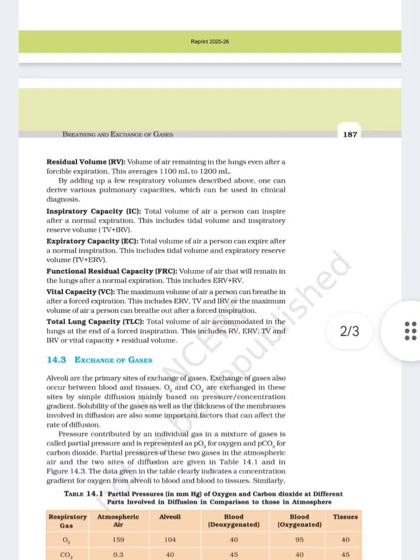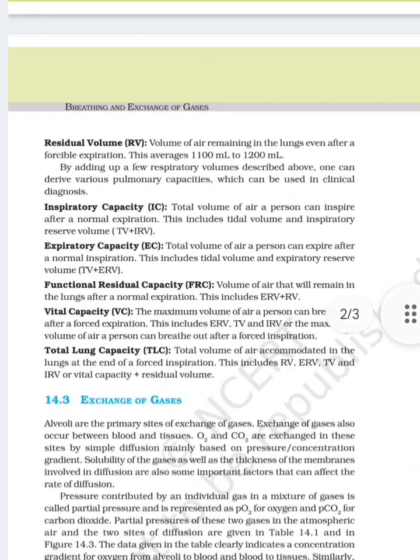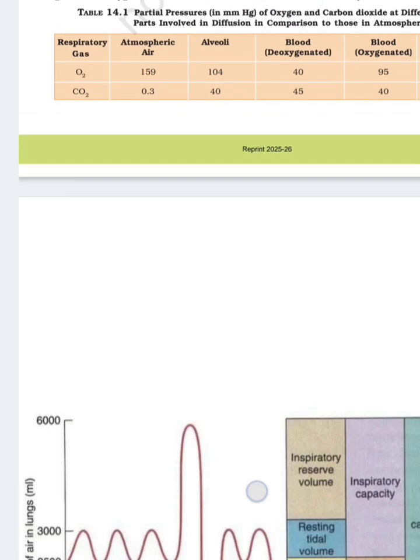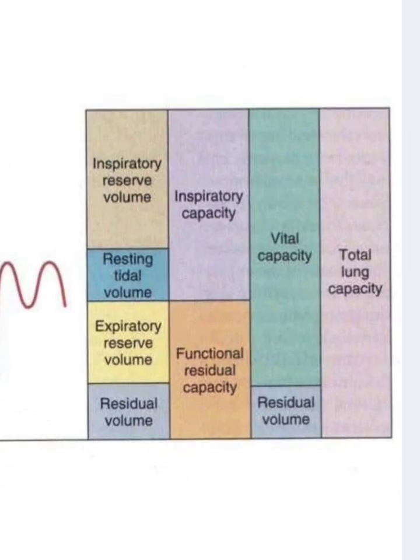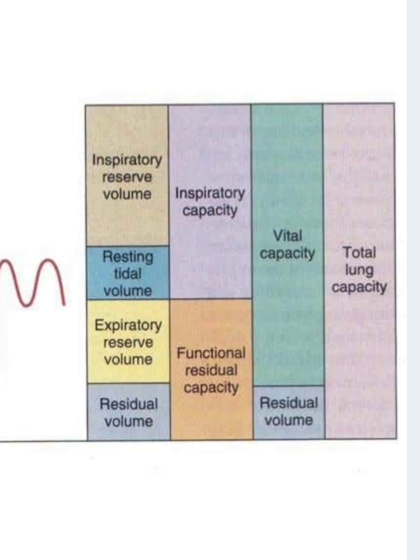Now to understand these capacities with more clarity, let's see this diagram. Here you can see that total lung capacity includes inspiratory reserve volume, tidal volume, expiratory reserve volume and residual volume, IRV, TV, ERV and RV.